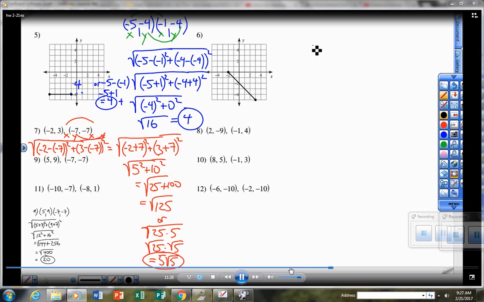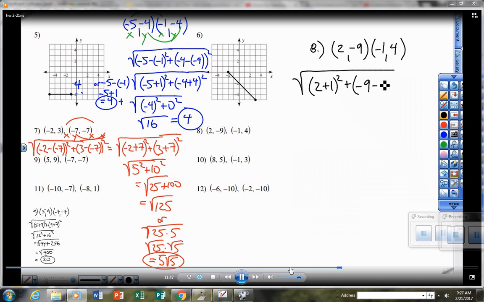Alright, next problem I'm going to do is number 8. So I have 2, negative 9, negative 1, 4. Subtracting my x's left to right, that's going to be 2 minus minus 1, which is 2 plus 1 squared, plus negative 9 minus 4, no double negative there because you're subtracting a positive value.